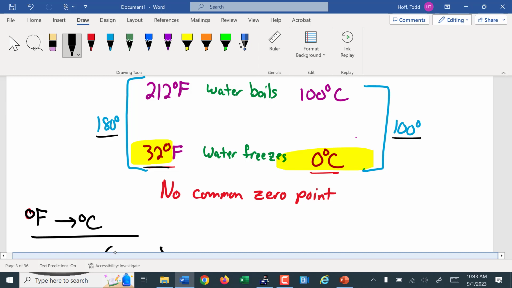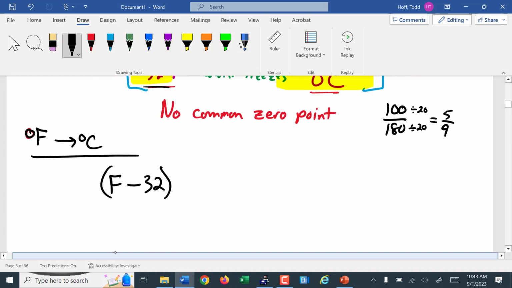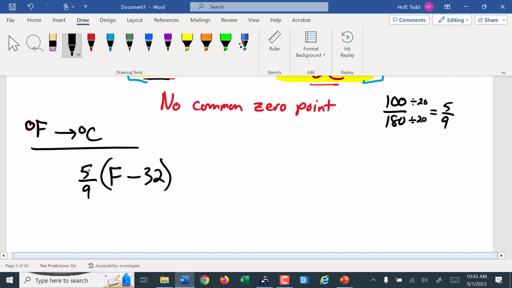That ratio is 180 to 100. 100 over 180, if I reduce that fraction, both 100 and 180 divided by 20 gives me 5 over 9. So it's 5/9 times that difference after I've subtracted the 32 degrees. That'll give me my degrees Celsius.